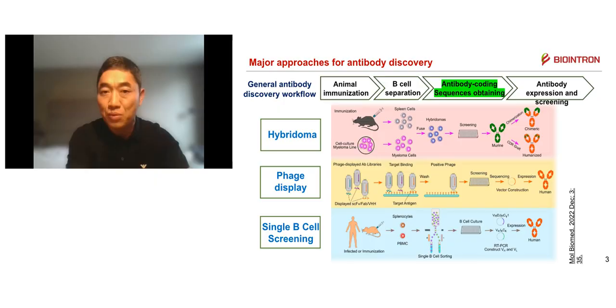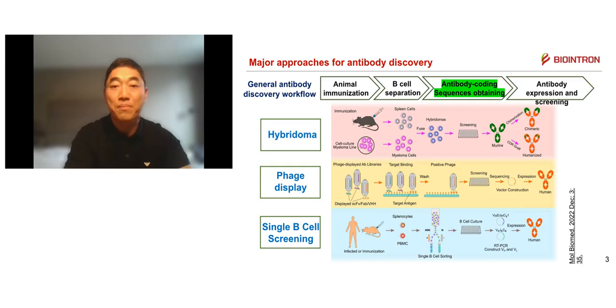The most tricky part is the one highlighted in green, because as everybody knows, it's very hard to culture primary B cells in vitro for very long, maybe days or 1 or 2 weeks, but that's not enough for us to get the antibody coding sequences.